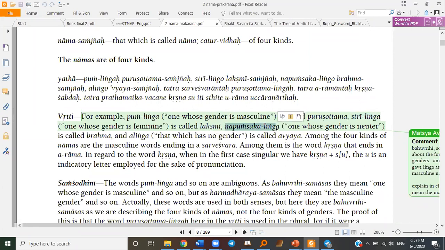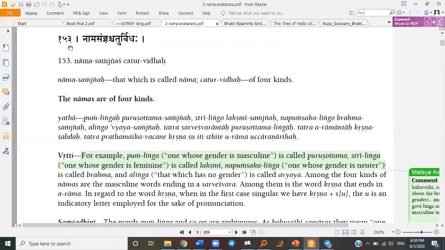For Napunsakling, he uses the term Brahma. And Avyayas are Avyayas. Pulling is Purushottama Linga, Striling is Lakshmi Linga, Napunsak is Brahma, and Avyayas are Avyayas. That's all. The nouns are of four kinds.